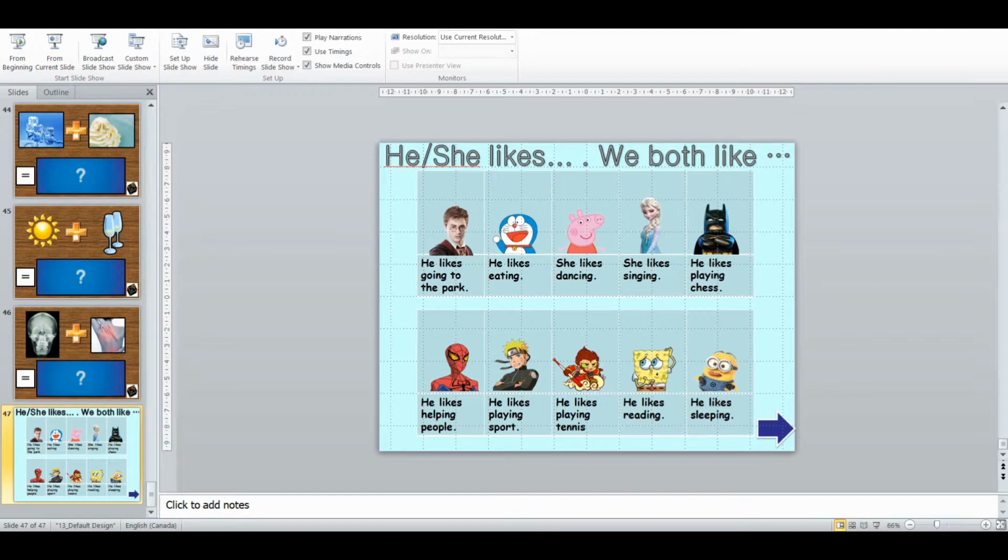So I would have someone say, she, Peppa Pig, likes dancing. We both like dancing because I like dancing and so does Peppa Pig. This one is to kind of get them going, get them thinking, and then I'll ask them to talk about their friends. What do they both like doing?